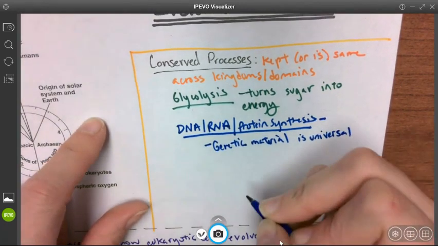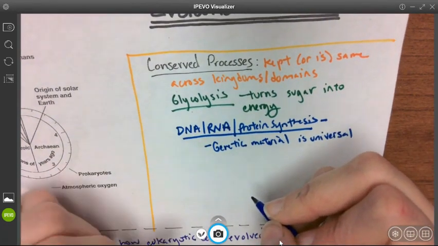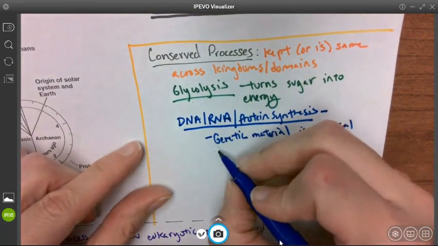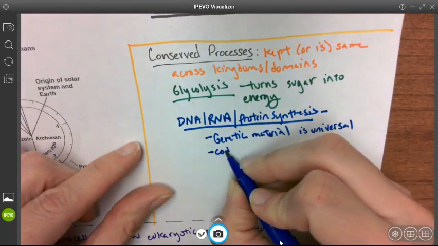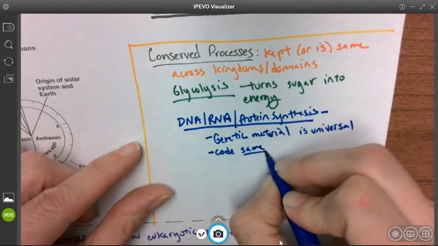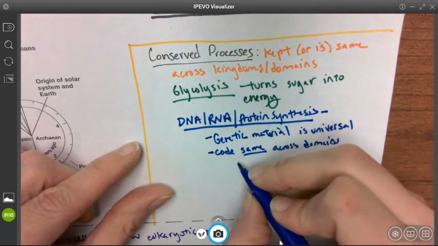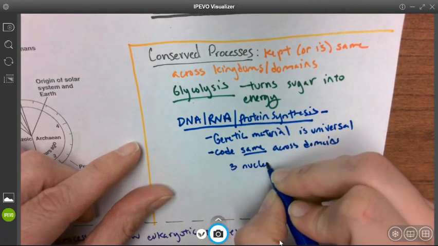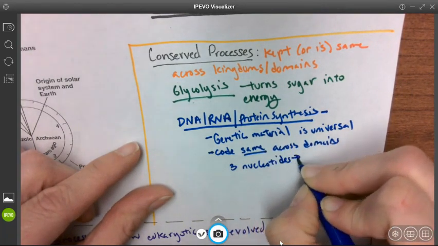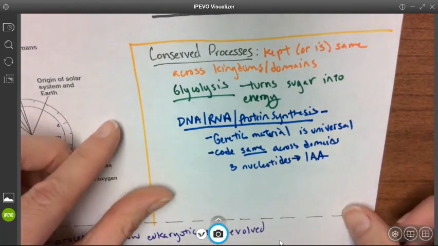Using that triplet codon chart is universal to all organisms on Earth. And the code is the same across the domains, right? We have 3 nucleotides coding for 1 amino acid, right?